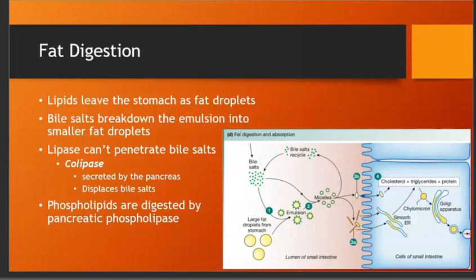Well, the lipase can't break through around all the bile salts, so it needs a cofactor, the colipase, which is secreted by the pancreas, to come in and move and displace some of those bile salts so it can get into those fat droplets. Phospholipids are digested by the pancreatic phospholipase.